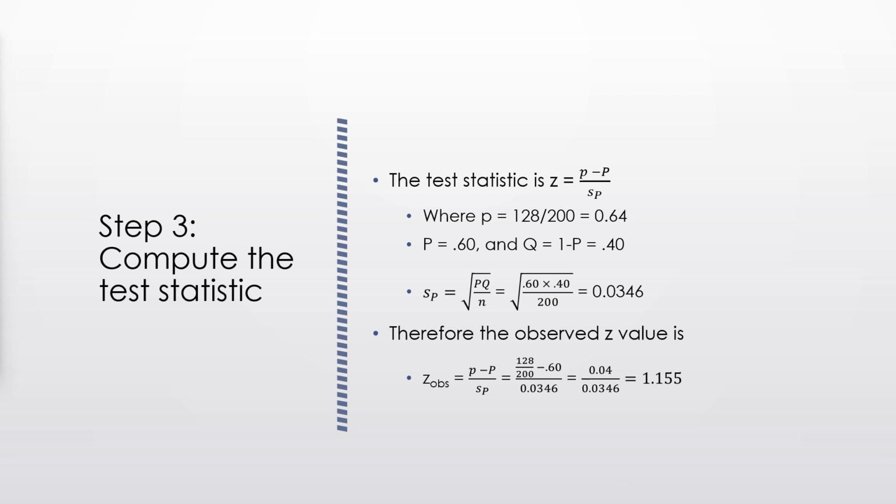Using this z-score, you can look up in the table that the probability of obtaining a higher value is 0.124. Alternatively, you can find that the critical z-value is 1.645 for a one-tailed test.